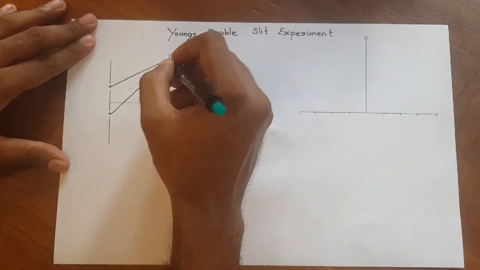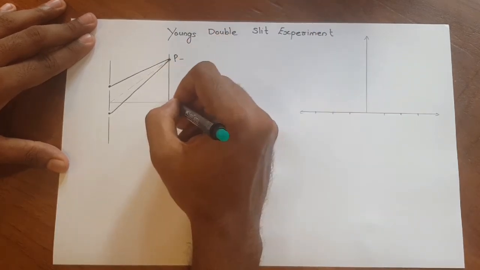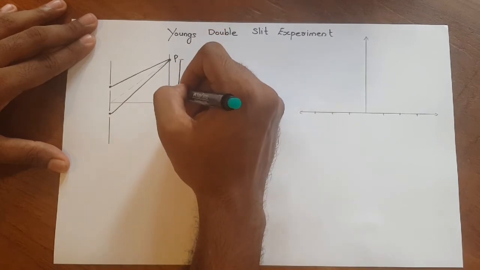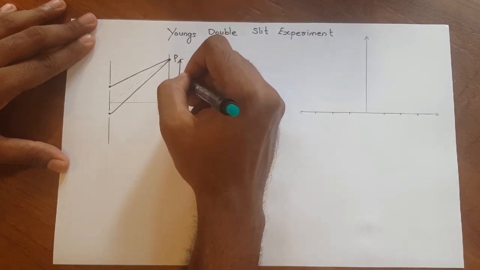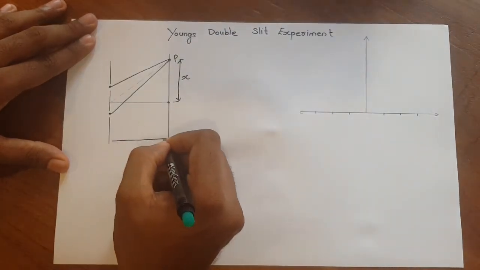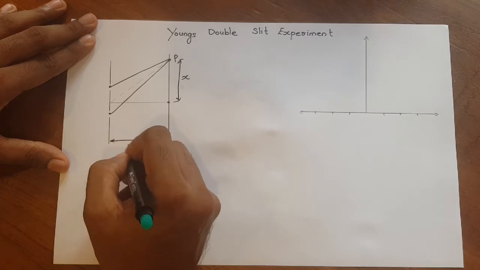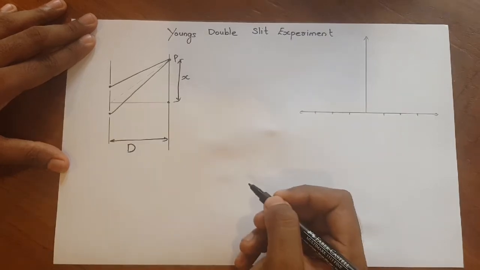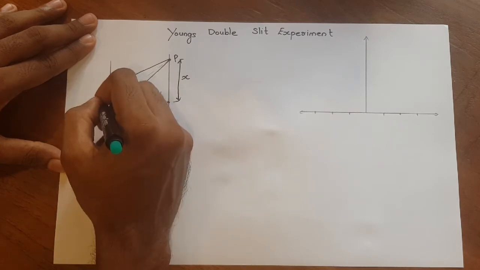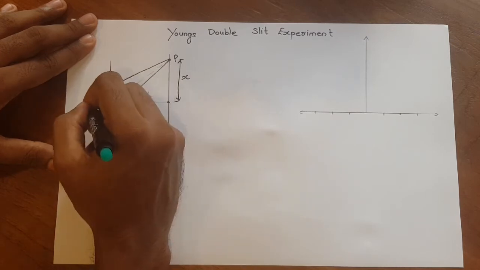Let this point P be at a distance of x from the center of the screen. Let the distance between the sources and the screen be capital D, and let the distance between the two sources be small d.